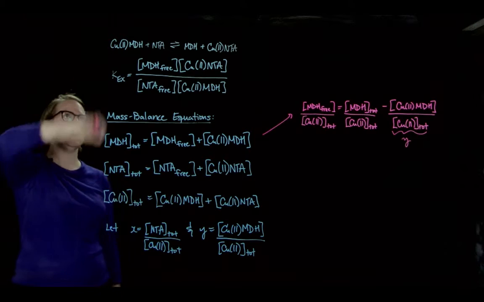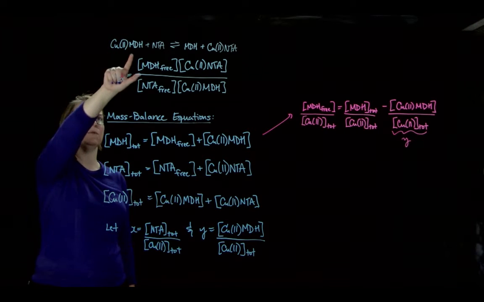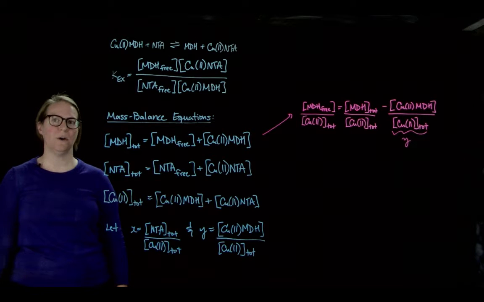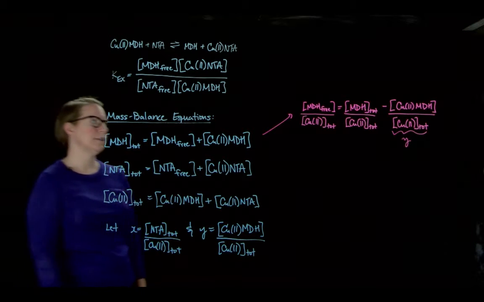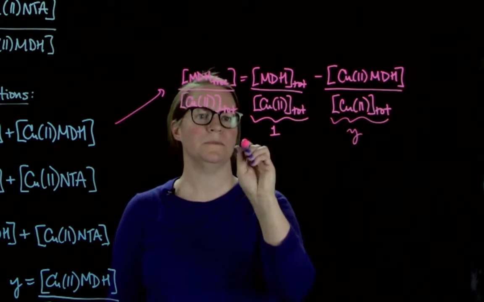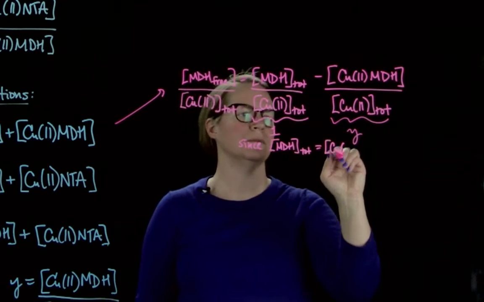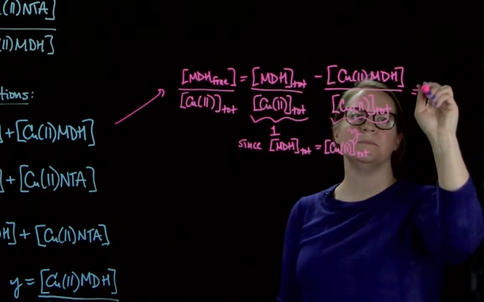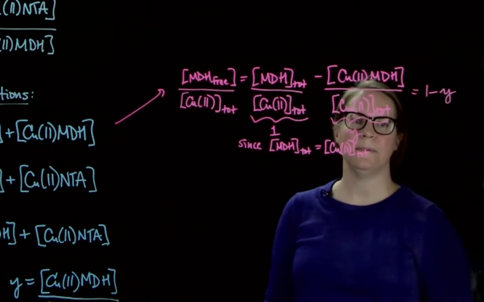So this was a fixed amount, and because they are bound in a one-to-one fashion, the concentration of each of those in total will be equal. So in other words, this ratio will be equal to 1. So this is replaced with 1 minus y.